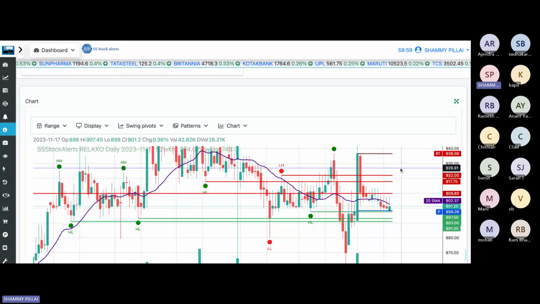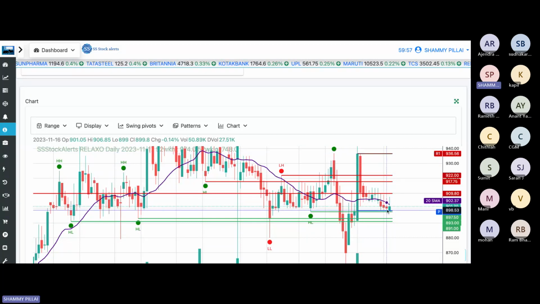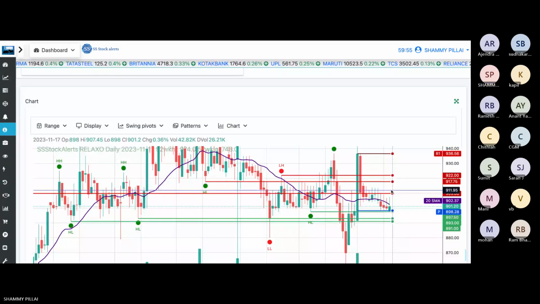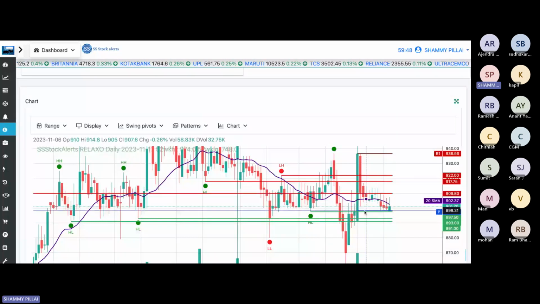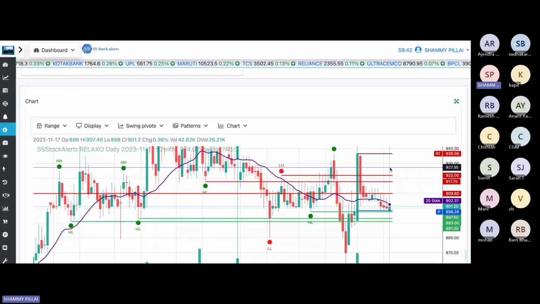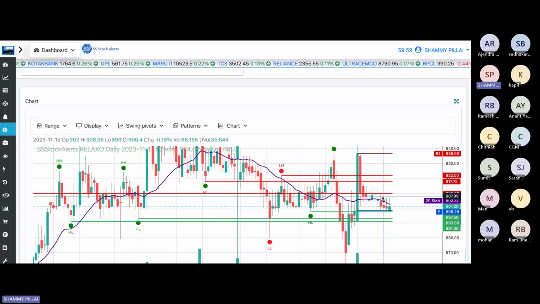Here the R1 is at 936. In Camarilla, the R1 will be at 920, 915. So you find it very easy to use in intraday. But for a positional player or a swing trader, you need a couple of percent, 1, 3%, 4%, 5% return. Otherwise, you will be giving more to STT charges and all.